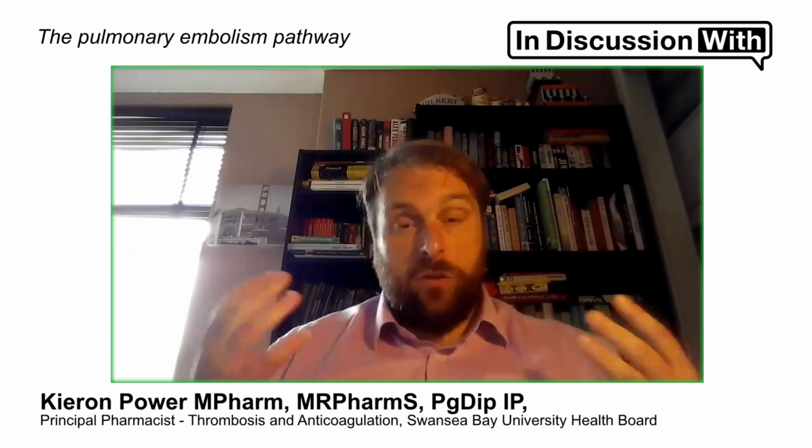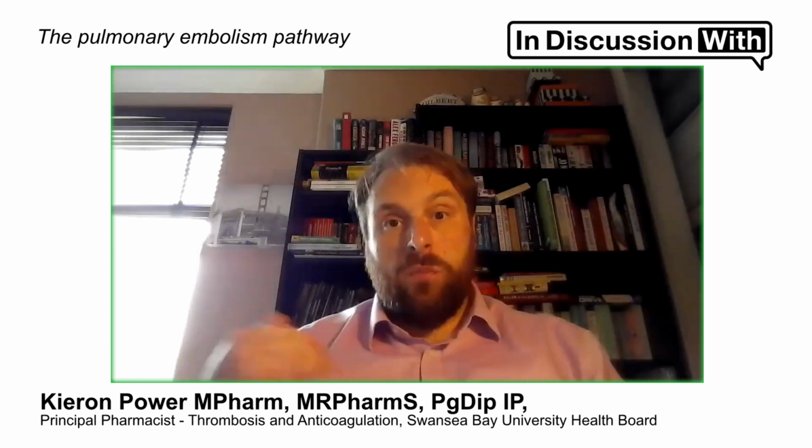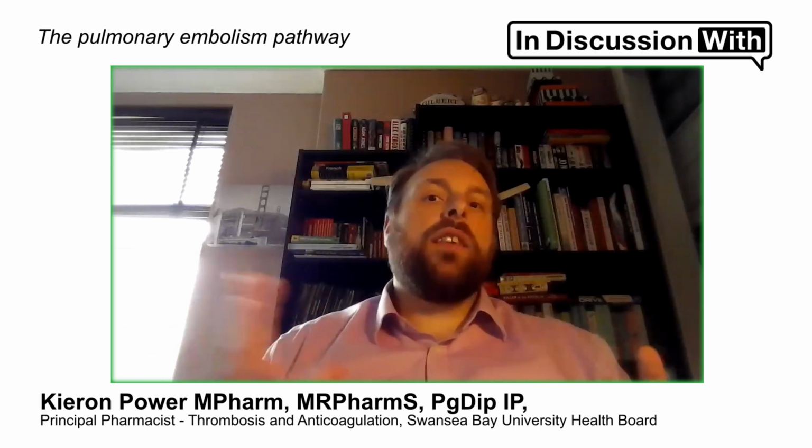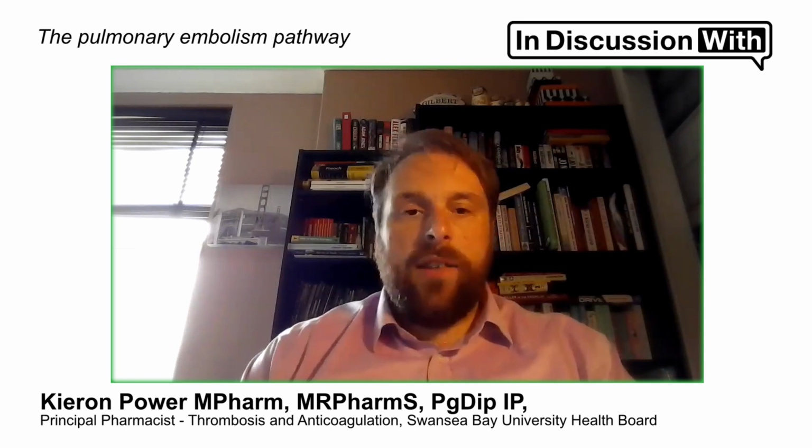So the first thing was to install that risk assessment modality, so that every patient who was being seen within the SDEC was having that initial risk assessment with the PESI score.